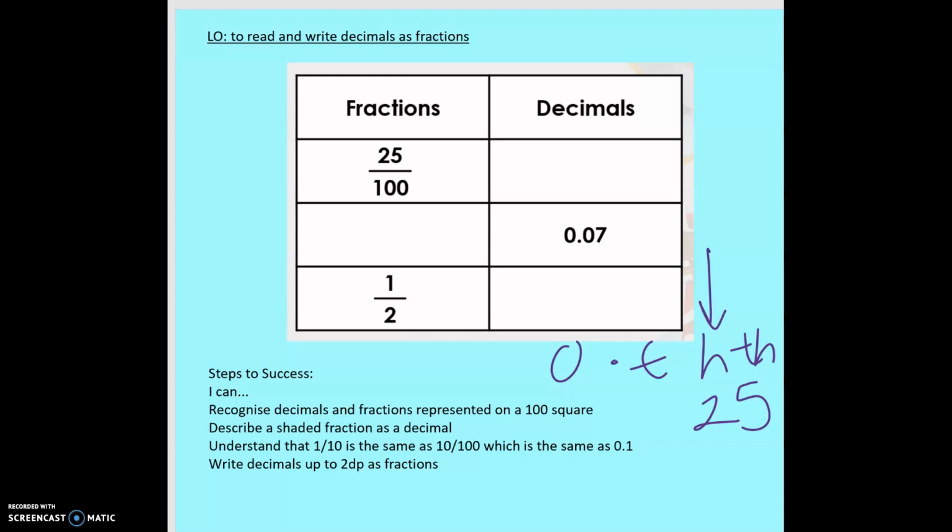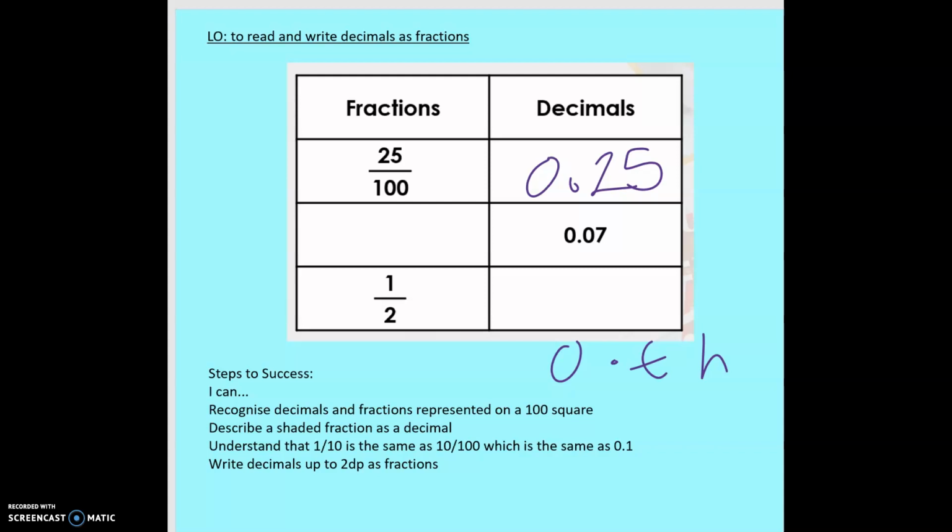But if we have a 2-digit number over 100, you can't have any number in the thousandths column, or that means you've got thousandths. Okay, so 25 over 100 is going to be 0.25 because you've got 25 hundredths.